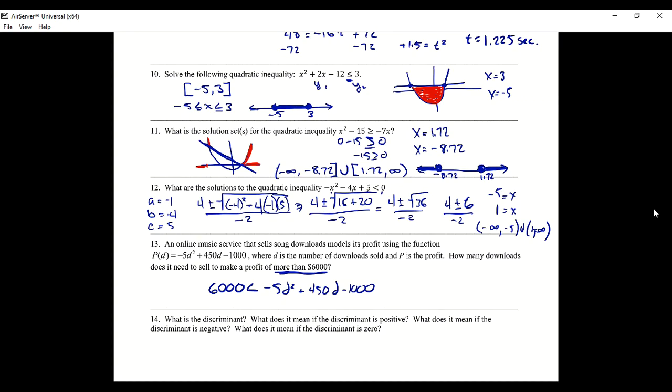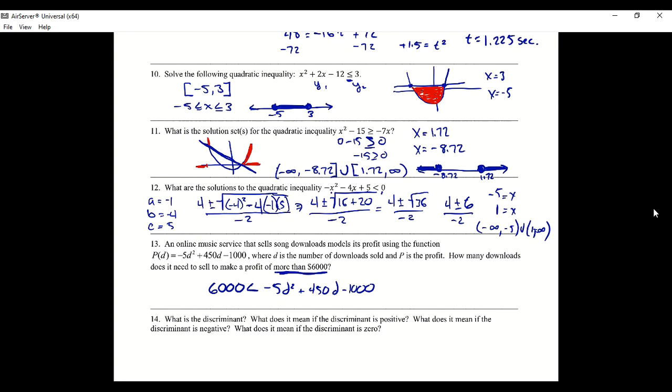Because y2 is 6,000, we need to go immediately to window, and we're going to set our y max to, say, 6,200, so we can see our line. We'll leave x min at negative 10. X max, since we're talking about downloads, let's set this to 100, and we'll see if we see our parabola or not.